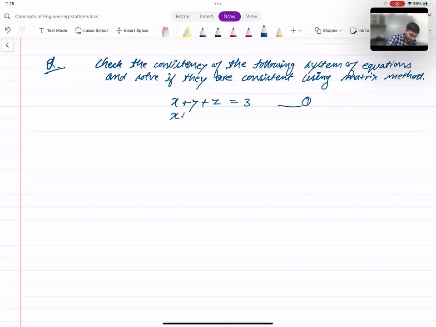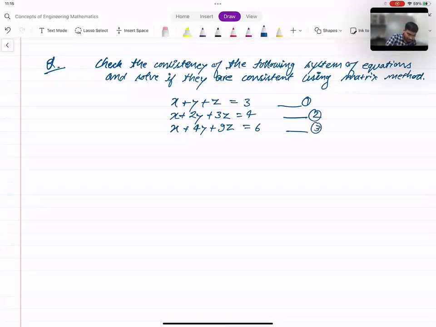Then the next equation is x plus 4y plus 9z is 6. So these are the three equations. Now let us proceed for the solution.